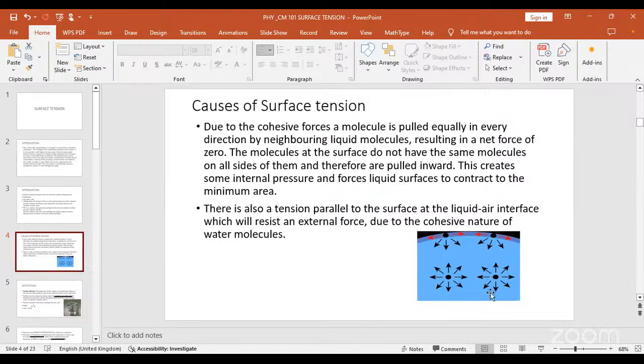It is evenly distributed, so it's going to behave in a normal way.